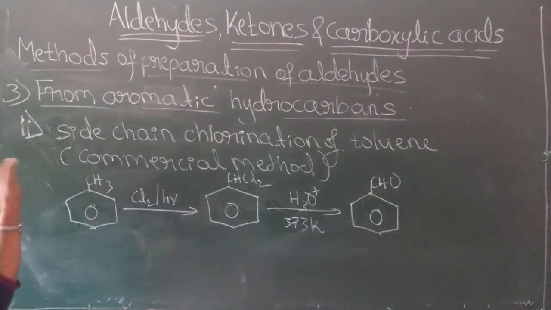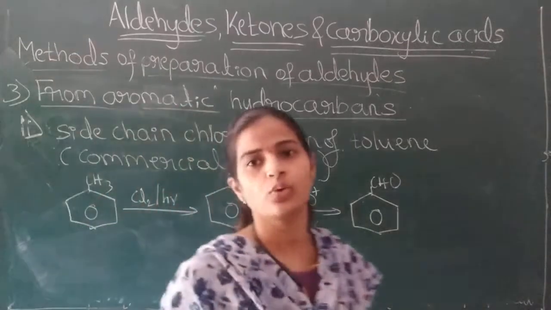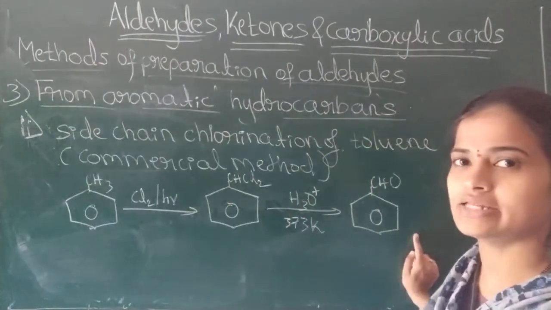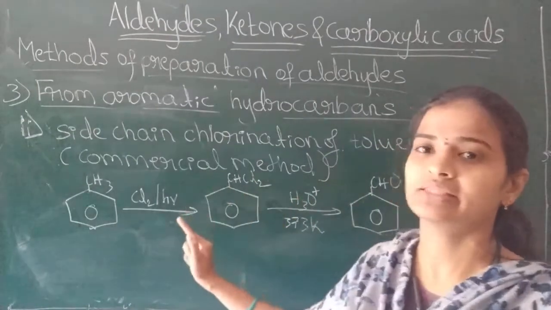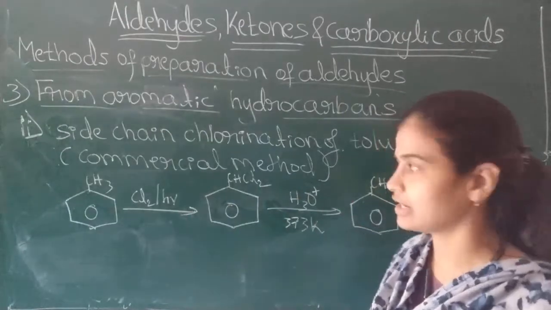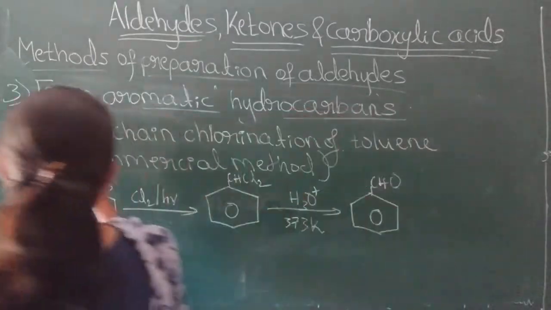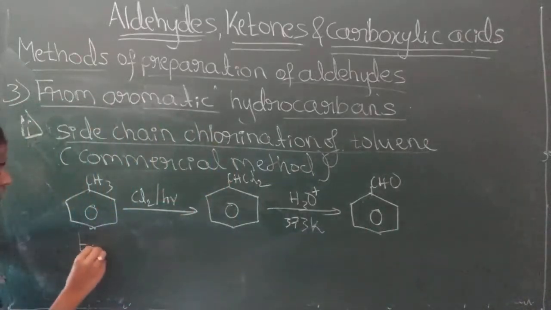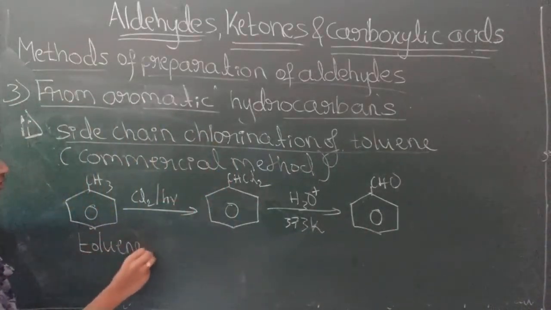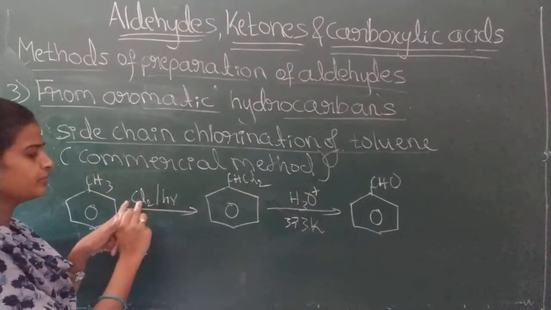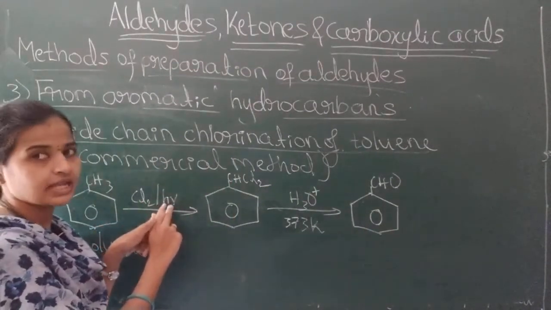Okay, next method, by using the hydrocarbons itself for the preparation of benzaldehyde, and this is the commercial method. This is used commercially for the preparation of benzaldehyde in industry, and the name of that one is side chain chlorination of toluene. Toluene, or methyl benzene, is made to undergo chlorination, treatment with chlorine in the presence of sunlight.